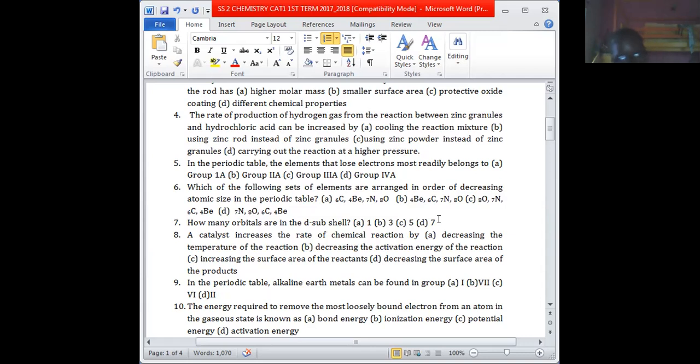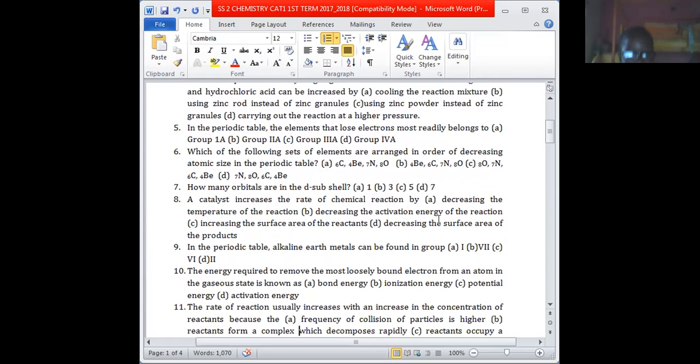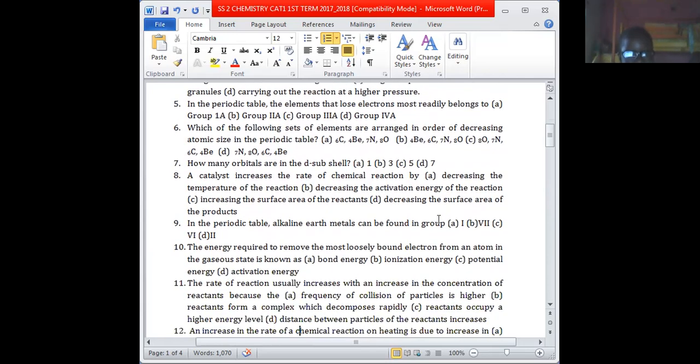In the periodic table, alkaline earth metals can be found in group what? D. Group 2, correct. Number 10. The energy required to remove the most loosely bound electron from an atom in gaseous state is known as what? B. Ionization energy, correct.